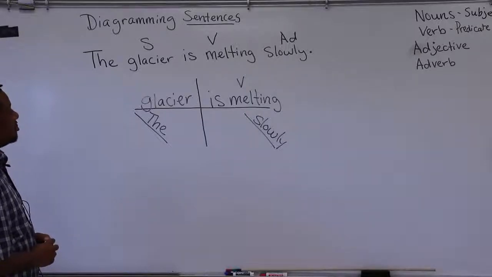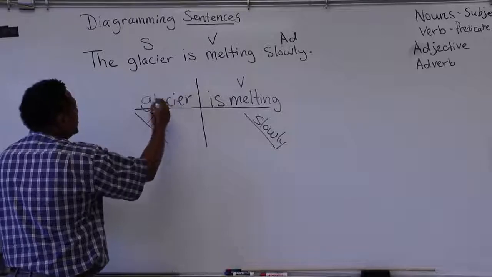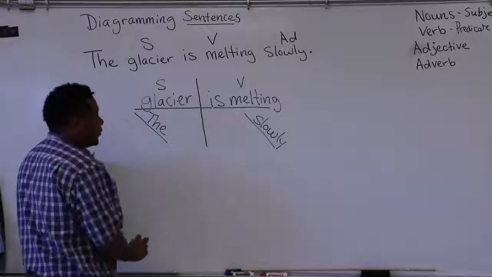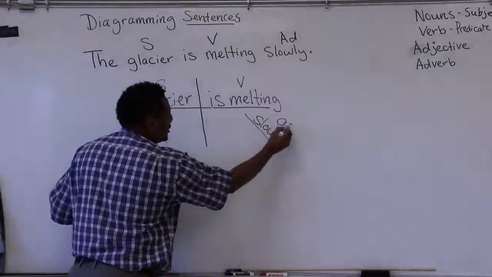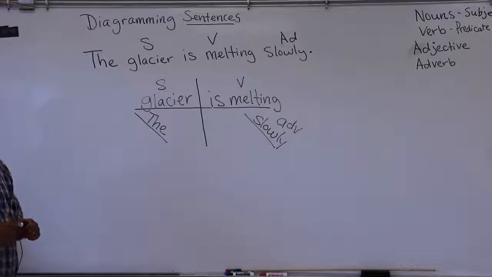And that's how we would create a diagram for this sentence. So the article, glacier subject, is melting verb, slowly adverb. And there you have a diagram sentence for the first part.